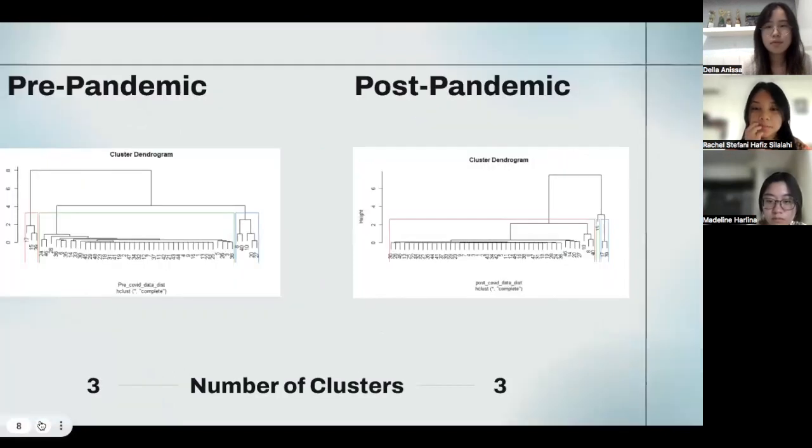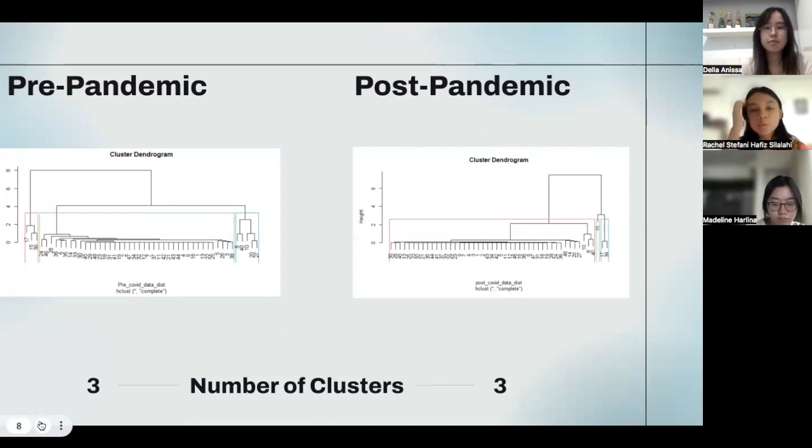So this is the example of the dendrogram. As we can see, this is something like a tree, because there are the branches, which are the long lines, and also there are the leaves, which are the small lines below, with the numbers. Those are the leaves.